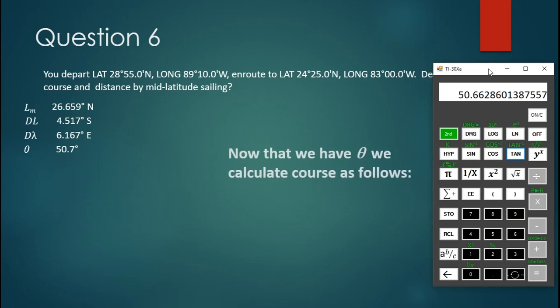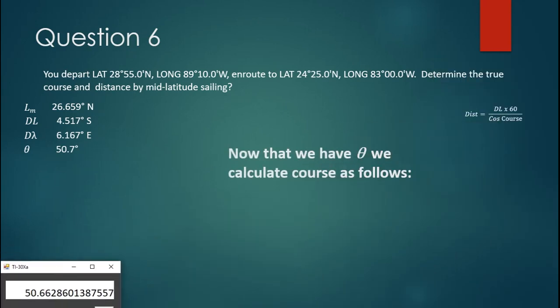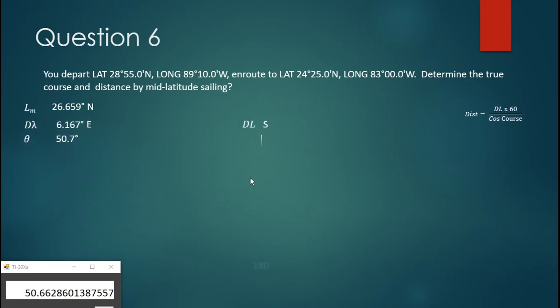All right, so let's scoot the calculator out of the way for a minute. Now that we have theta, we can calculate the course, and this is how we do it. This is where I told you our south and east comes in important. Our D latitude, we're going south, so we are going 180 degrees, and then our longitude, we're going east. So we start at 180 degrees.